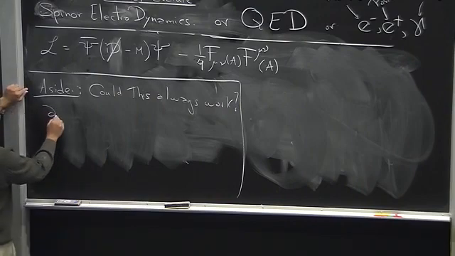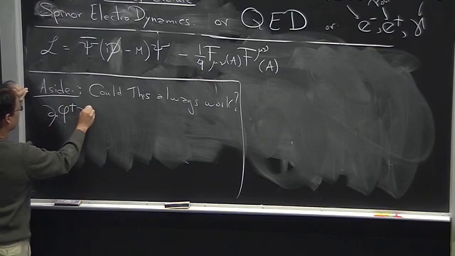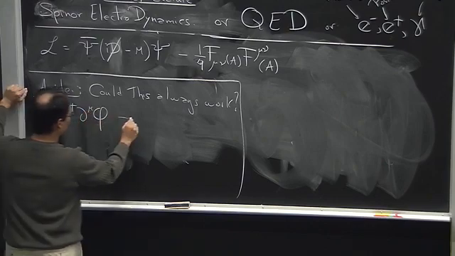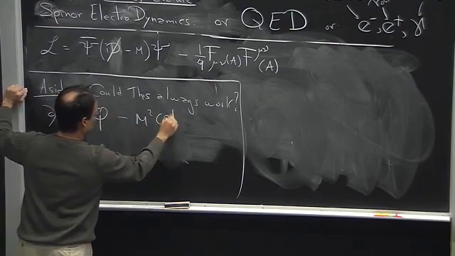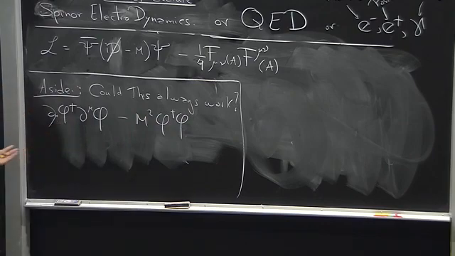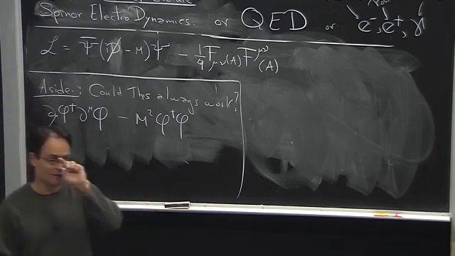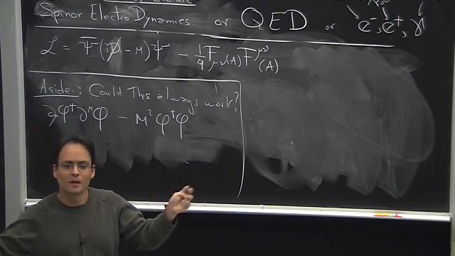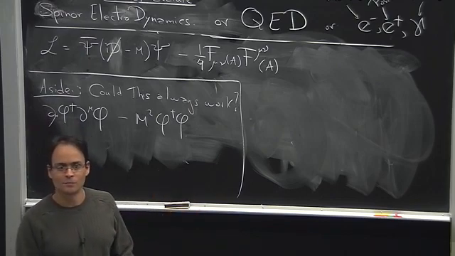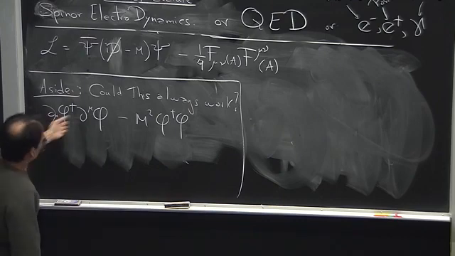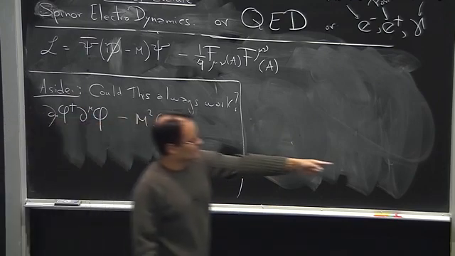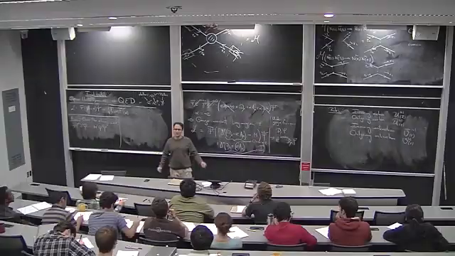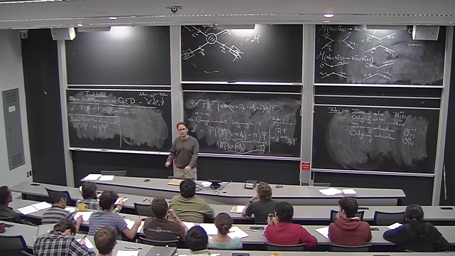We had the complex scalar theory, and we did a lot of work to actually get something that was gauge invariant, right? And in fact, it was very complicated. It looked complicated.